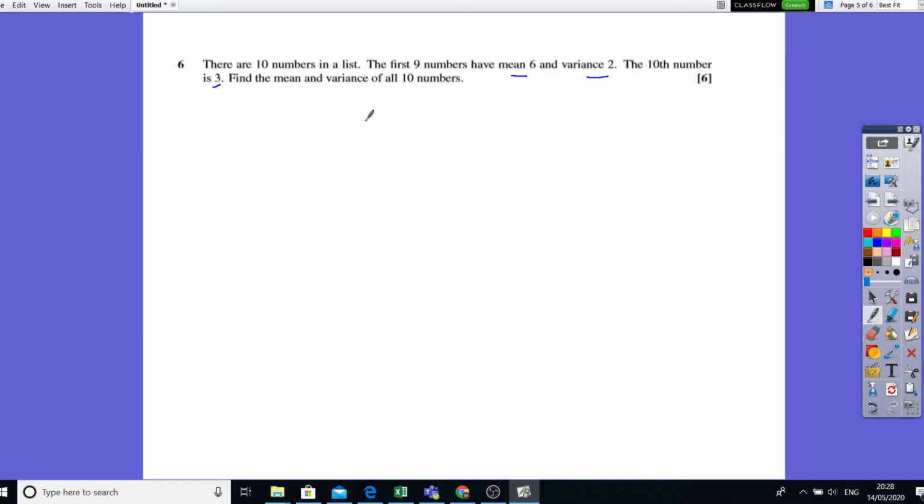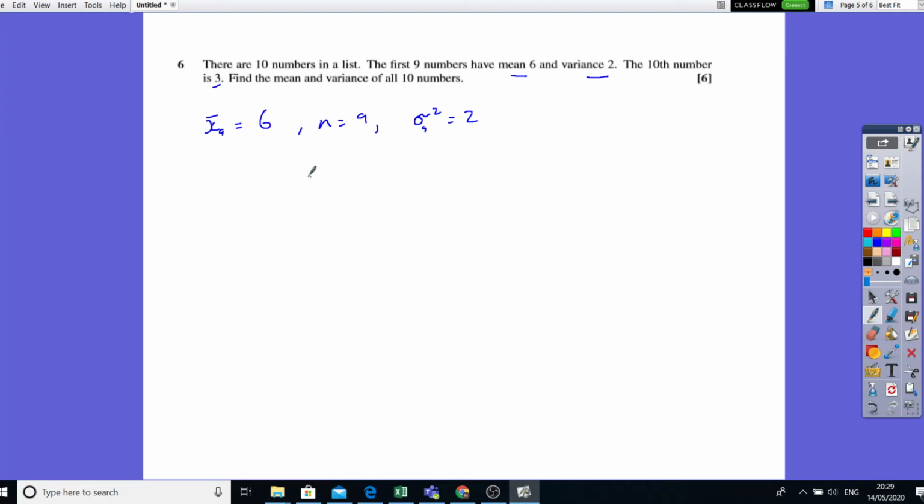So find the mean. Okay, so first of all, mean. Let's just write this down. The mean of 9 numbers is 6, so n is 9 numbers, and the variance of those 9 numbers is 2.